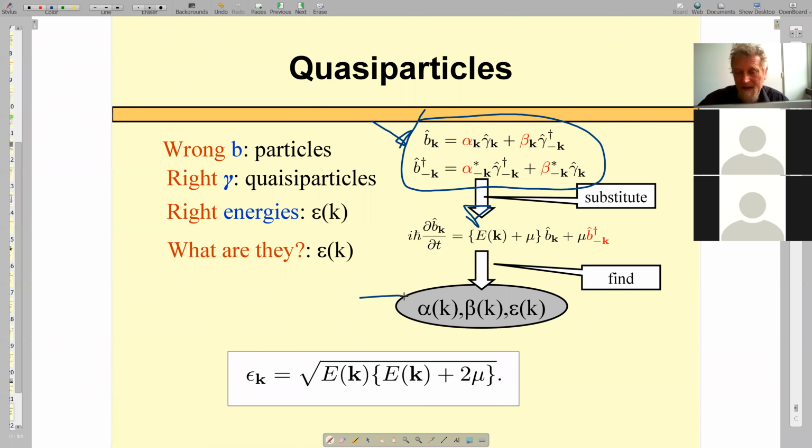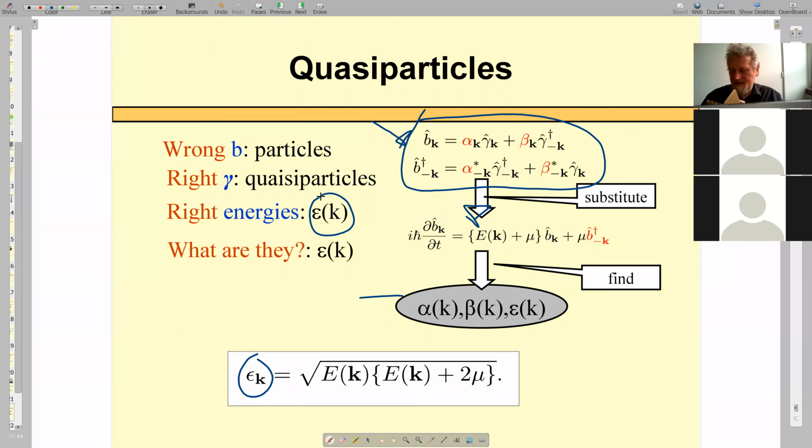And we choose alpha and beta in such a way that the equations become correct for gamma operators. That will bring us to some new energies, right energies. So this is the energy of quasi-particle creation, not a particle, but a quasi-particle. And gamma is again, as in superconductivity, an operator which creates a quasi-particle rather than a particle.